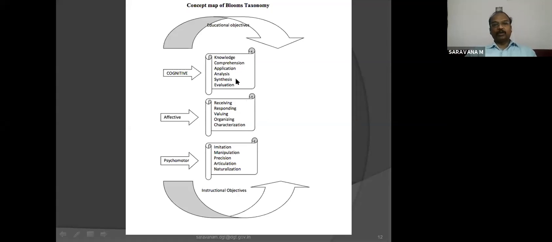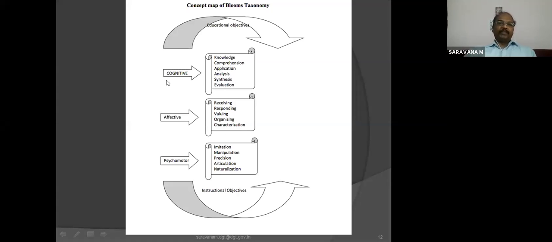Only for cognitive domain we'll discuss, and that also has been revised, and we will see what is the relationship with our NSQF framework and the Bloom's taxonomy, and how this Bloom's taxonomy is helpful for writing the learning outcome and writing the instructional objectives for our lesson plan and the demonstration plan. So this is the important objective of today's presentation. Cognitive domain has 6 major components, affective domain has 5 major components, and psychomotor domain has 5 major components.